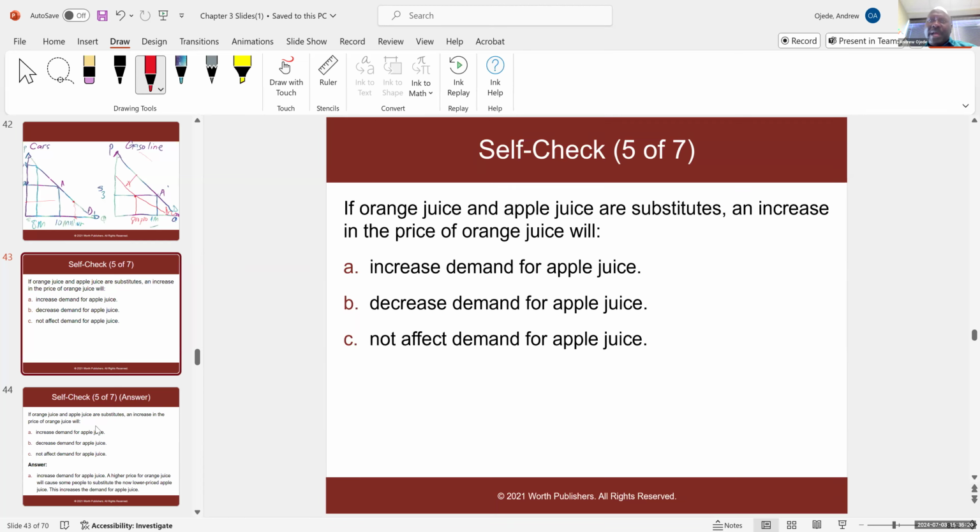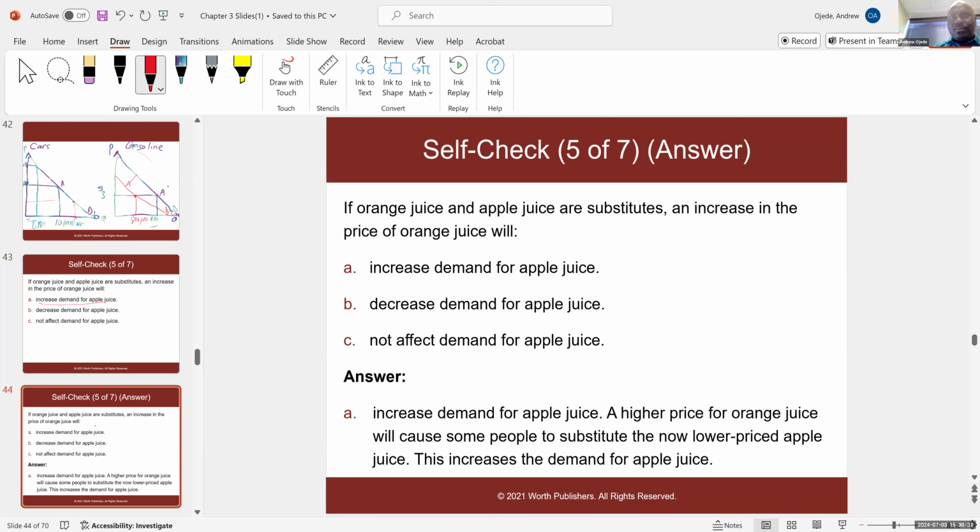So an increase in the price of orange juice is going to increase the demand for the second good, which is what? Apple juice. So A is the correct choice. Okay, a higher price for orange juice will cause some people to substitute the now lower priced apple juice, because this increases the demand for apple juice.